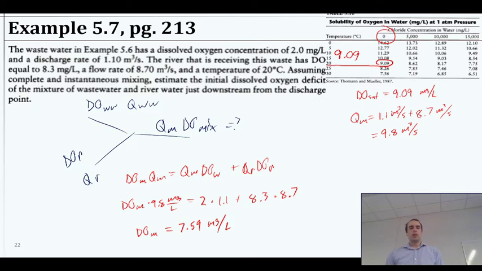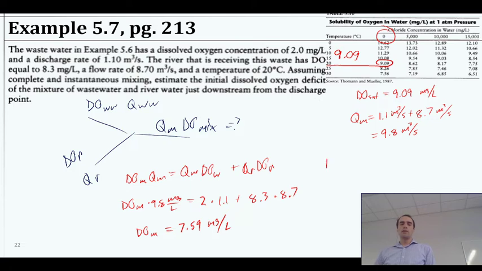So the best way to do this would be to do it on the basis of dissolved oxygen and then convert to deficit afterwards. So we solve for the dissolved oxygen of the mixture. That's 7.59 milligrams per liter in the mixture downriver.